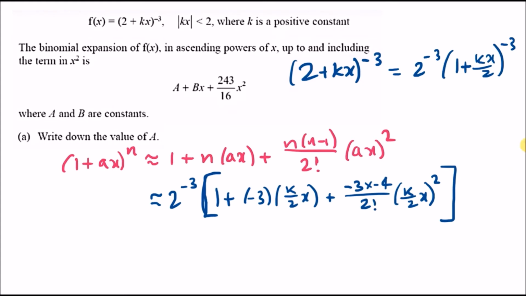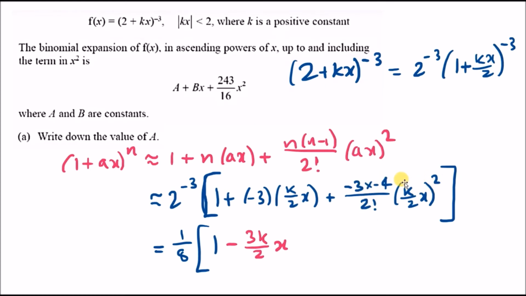So firstly, what's 2 to the negative 3? Well, that's just 1 over 2 cubed, which is 1/8. So everything's multiplied by 1/8. Now expanding inside, you've got minus 3 times k over 2, so that's just minus 3k over 2 x. Then minus 3 times minus 4 is 12 over 2, so that's going to be 6.